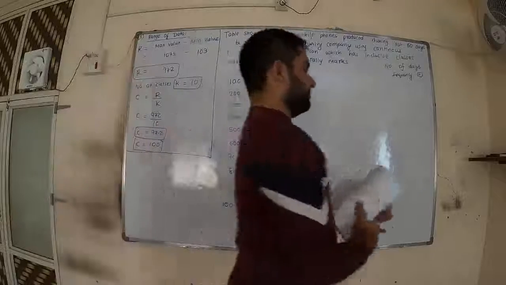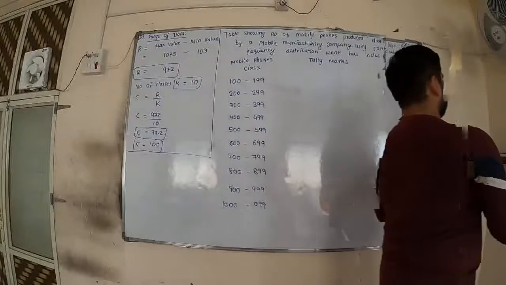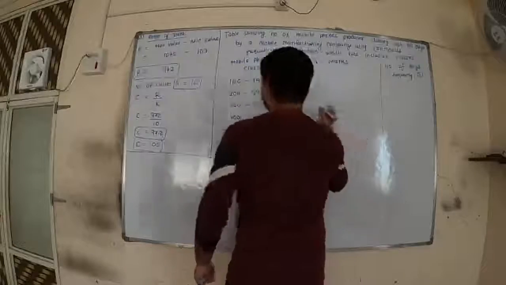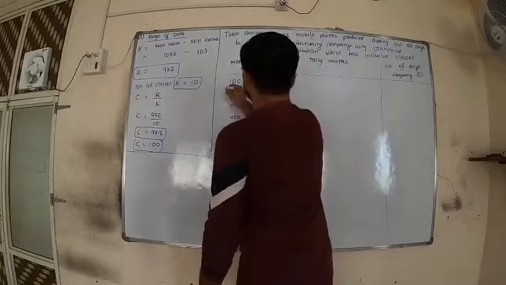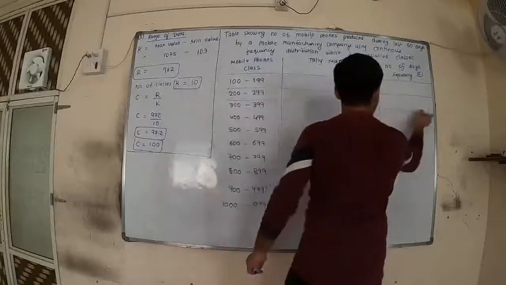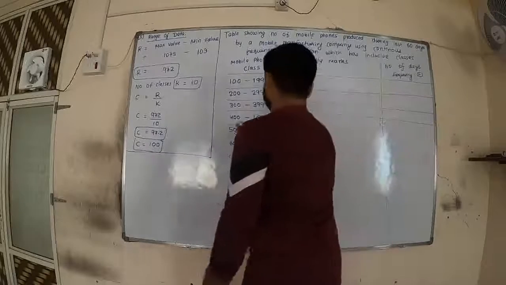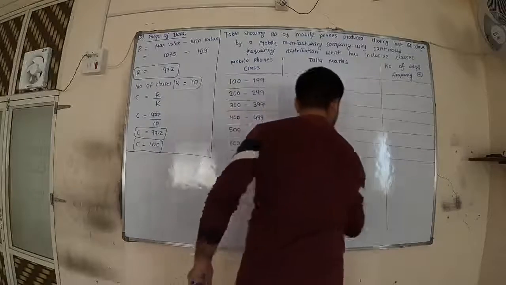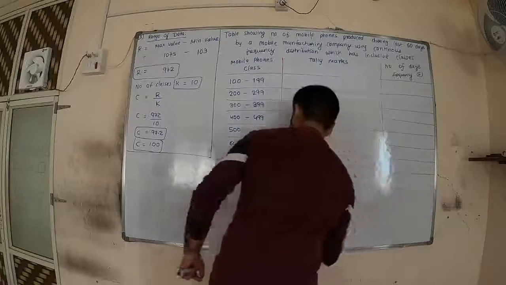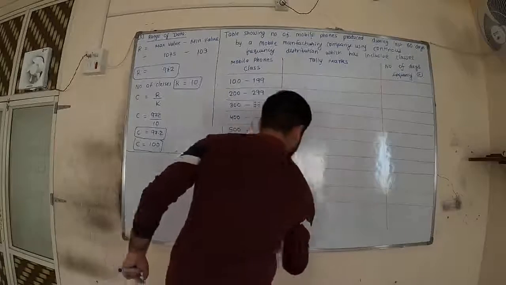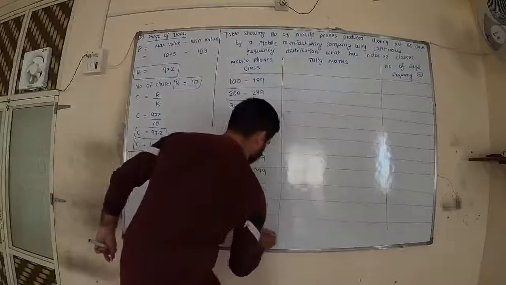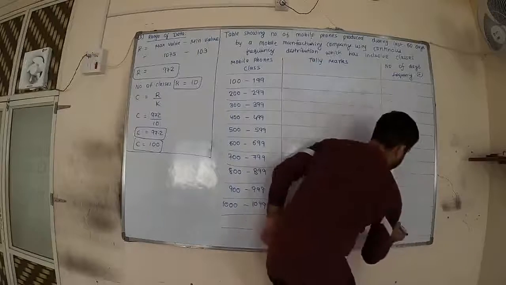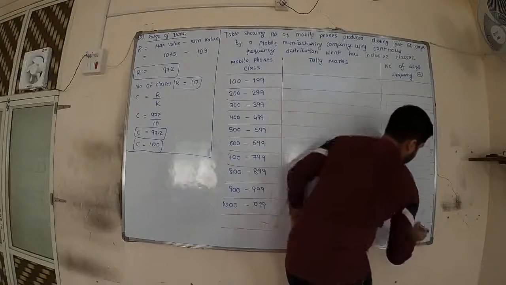Total of frequency sigma f is equal to n, which must be 60.